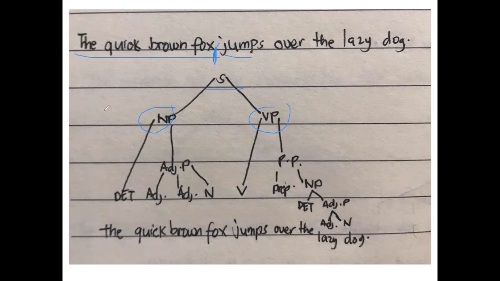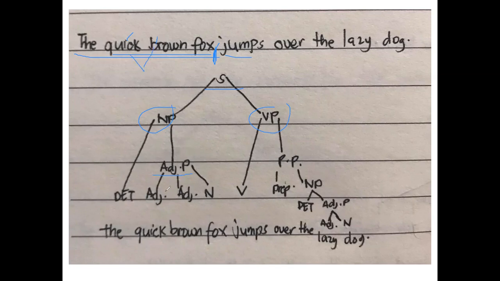So this is the NP, the quick brown fox. The is a determiner, and quick and brown are adjectives, so adjectives give more meaning to the noun in here, the fox. So it is a phrase, and what phrase should it be? It is an adjective phrase because these two are adjectives.